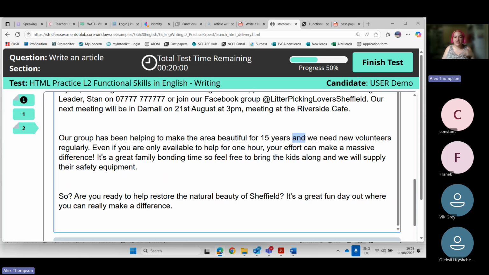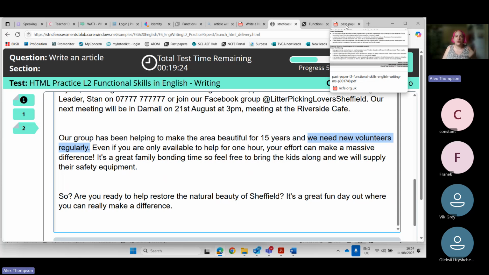When we use the word and, a conjunction, a gluing word, because we have 2 simple sentences joining together with the word and, we said we need new volunteers regularly. We need is in the present tense, but all of the words in that part of the sentence agree. So it's ensuring that even if in this example we have the past and then we have the present, those 2 parts of the sentence are grammatically correct, the subject and verb agreement, the tense agreement works. So it's ensuring that we are happy and confident with our word endings.